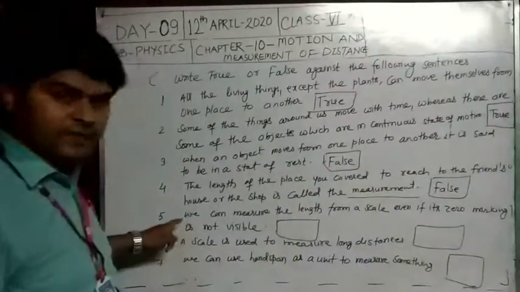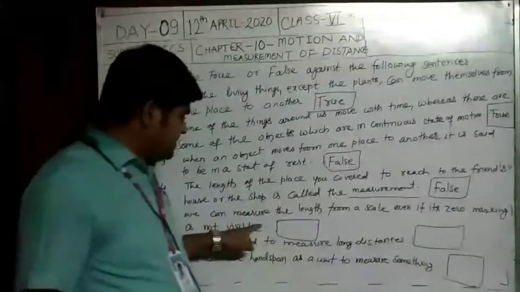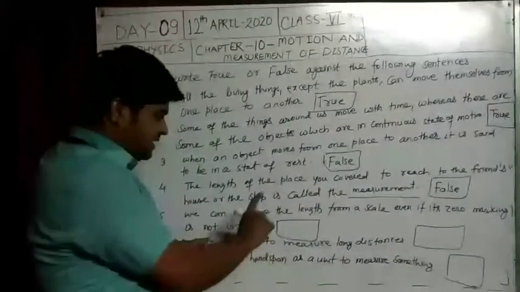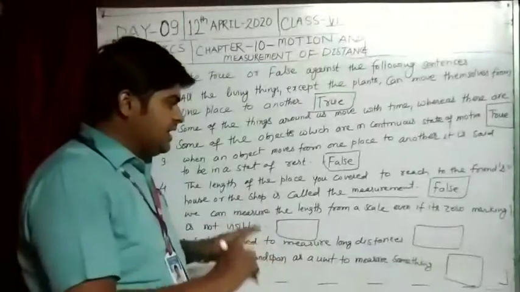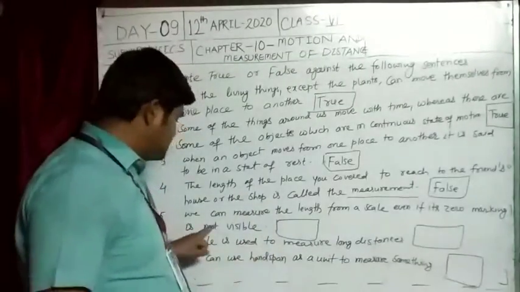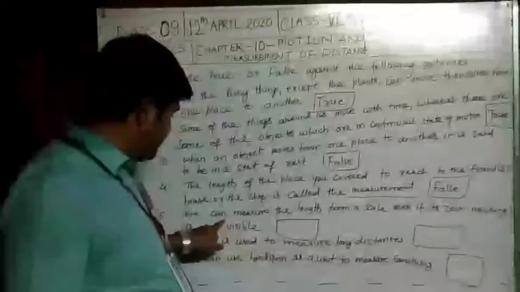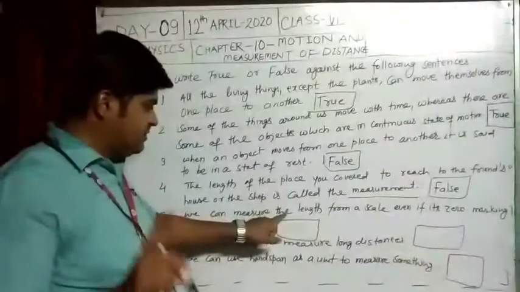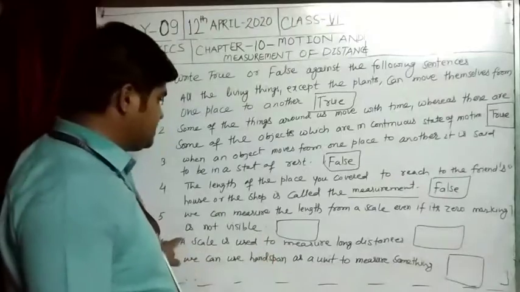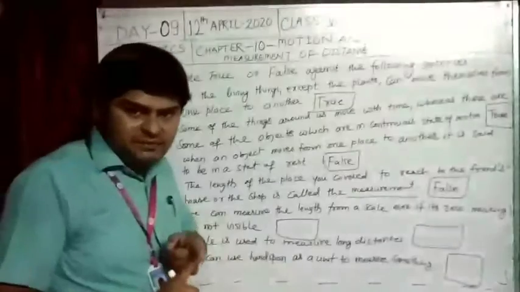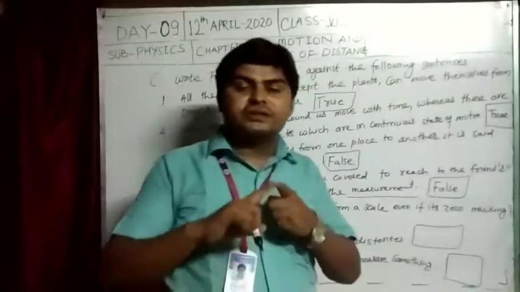Now see question number 5. We can measure the length from a scale even if its zero marking is not visible. True statement. I have told you that we can measure with the help of a scale if zero is not visible.